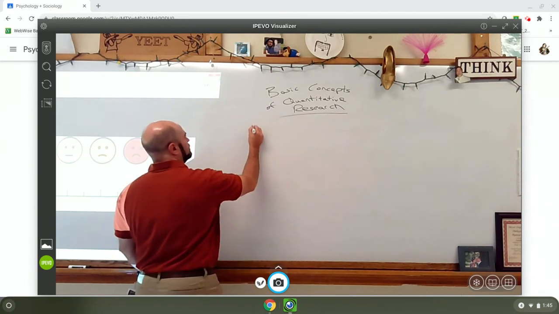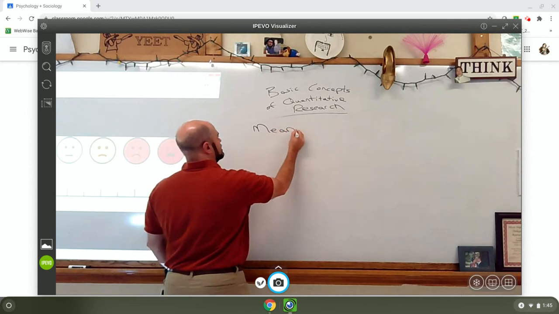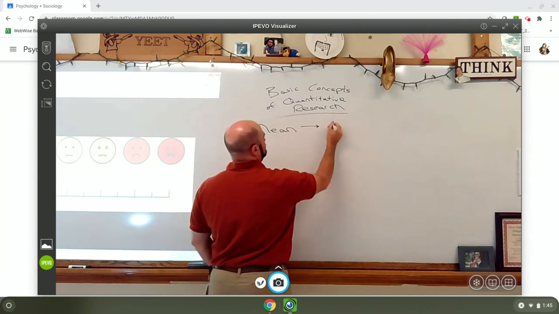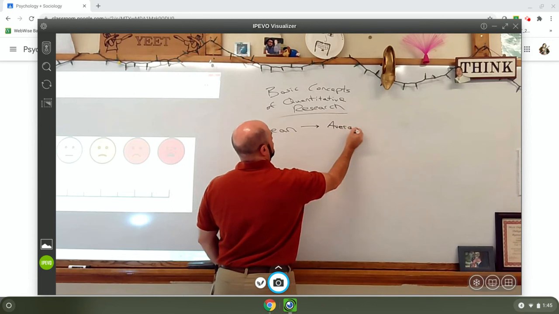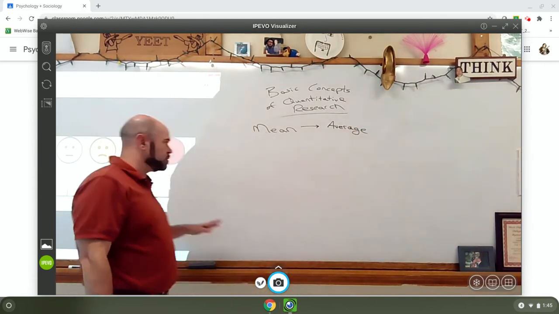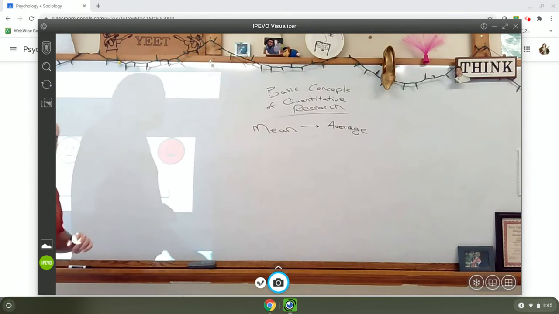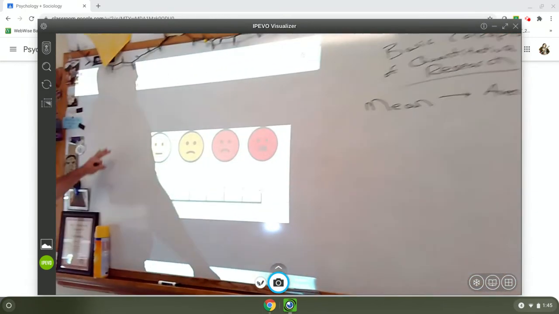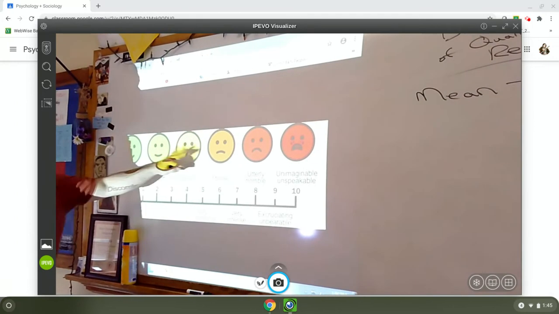The first one is the mean. So a quantitative researcher might talk about the mean, which is a big fancy word for the average. So if we come on over here to our baby shark video that we just listened to, a quantitative researcher would say, well, here's a pain chart.